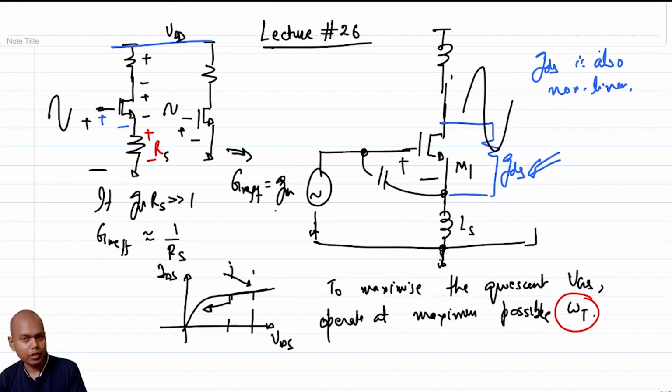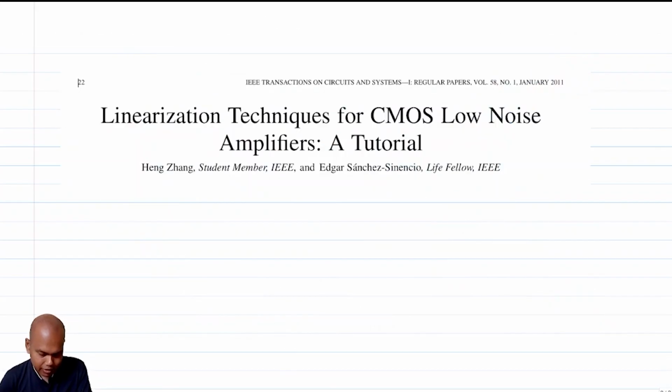So what I'm going to do for the rest of this lecture is to run you through some of the techniques that are used quite often, and most of the techniques that I'm going to talk about are available in this paper. This is a tutorial paper. The details are here. You can go through it. I'll cover a couple of them which have been enumerated in this paper, but there are more ways of linearizing.